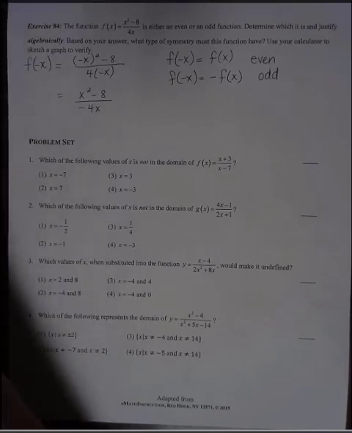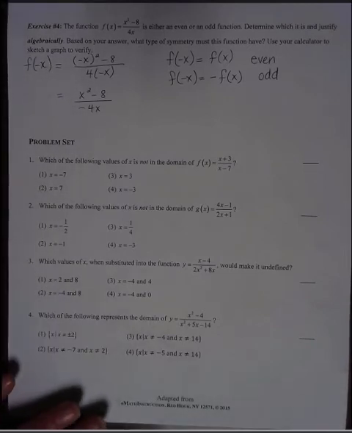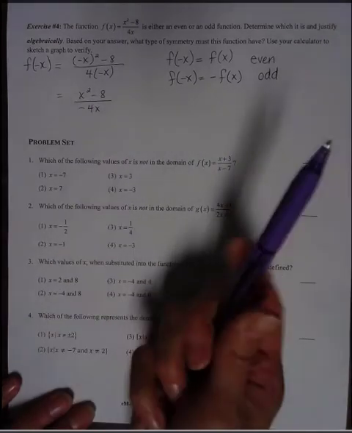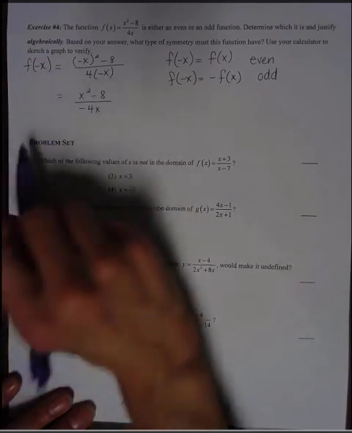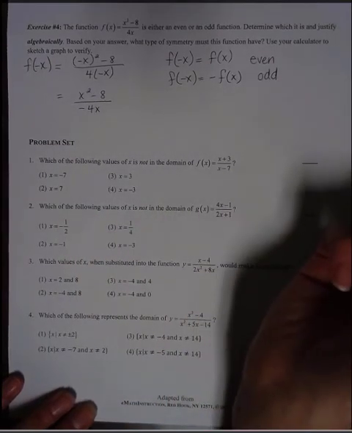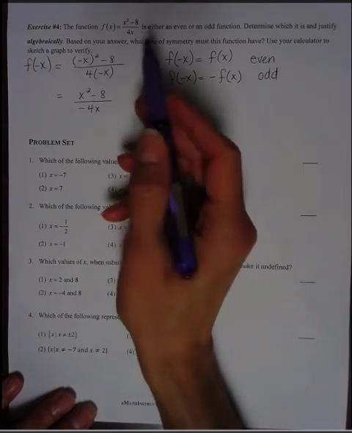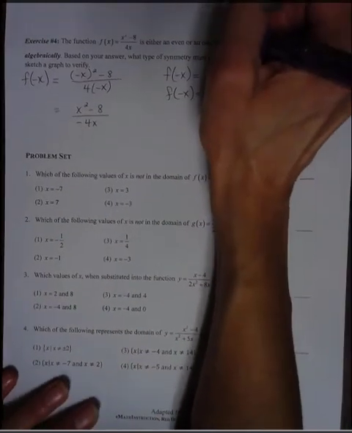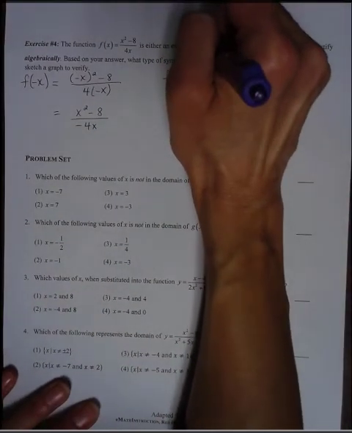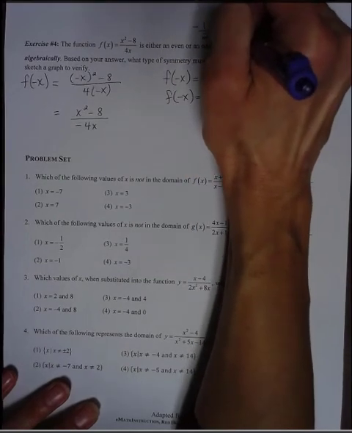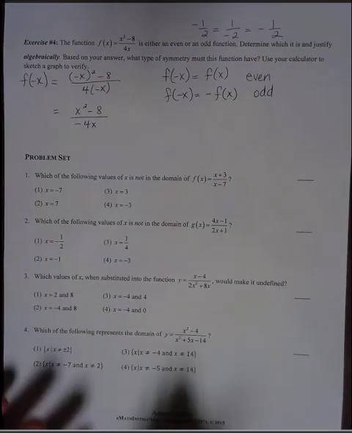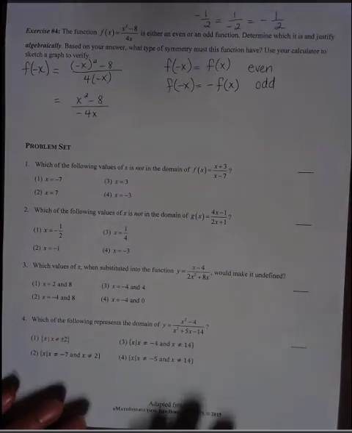Okay, so it looks like it's definitely not even, right? It's not exactly the same. So we have to decide, is this the same as negative of the function? Okay, so just a reminder that if you have, like, let's say negative 1/2, that's the same as 1 over negative 2, which is the same as negative 1/2 if we're talking regular fractions.